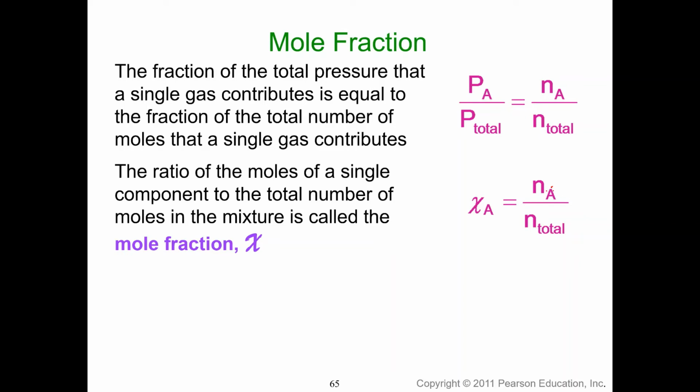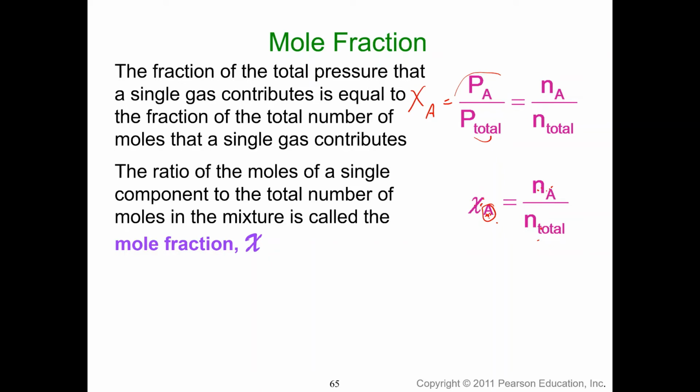Now, if you look at this, mole fraction is equal to that, and also this is equal to that. So this is also equal to the mole fraction. This is a symbol for individual gases right here. A, for example, could be oxygen, could be whatever. But total is total, like you understood that.